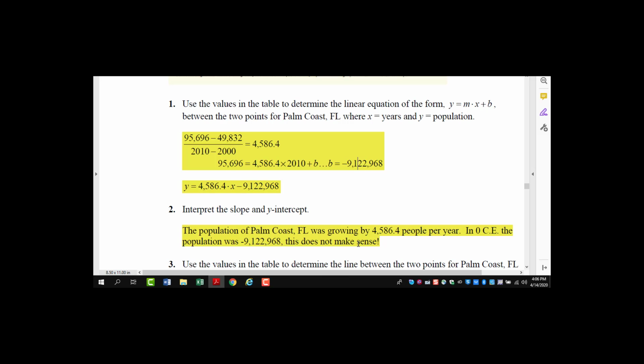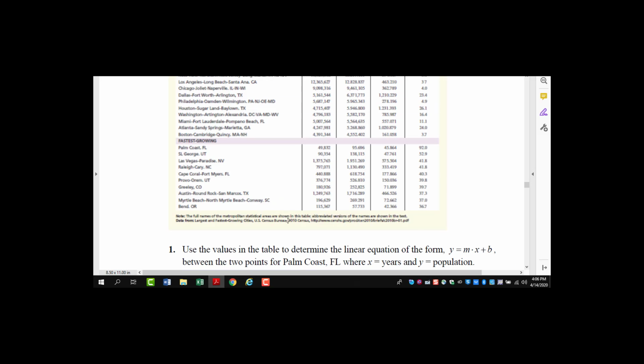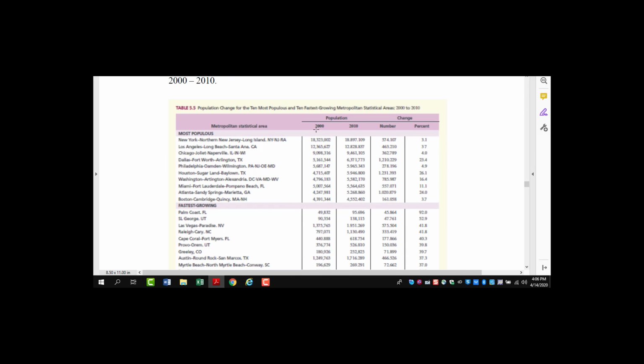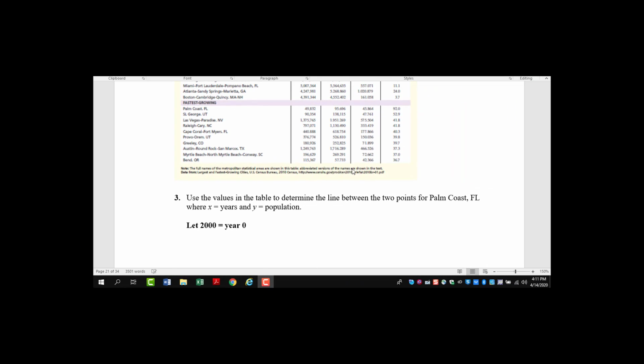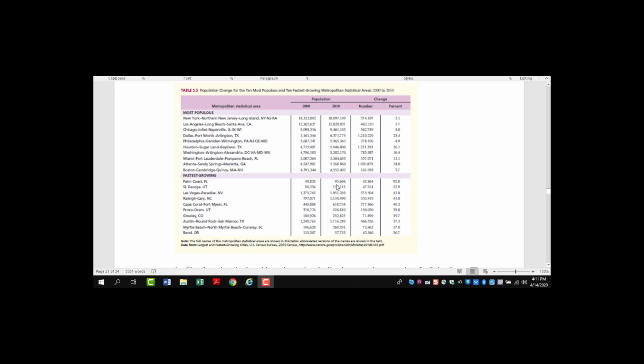And this does not make sense. So we don't do this. Instead, we're going to go ahead and build this by letting 2000 equal the year 0. So it's a big problem. It becomes difficult to interpret. So we're going to start with the year 2000 is 0.